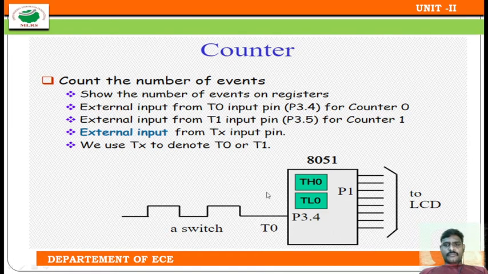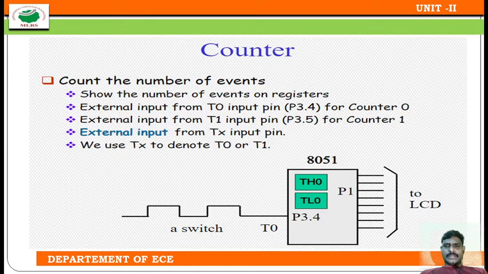For that counting application, we use the input from T0, that is P3.3, or P3.4 or P3.5 for counter 0 and counter 1. In serial communication, we take the counter pulse through the transmitter pin. So when I'm using the transmitter pin, I definitely need to go for timer 0 or timer 1 in serial communication operation.